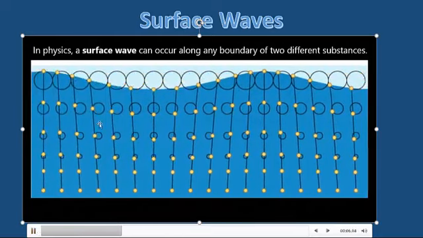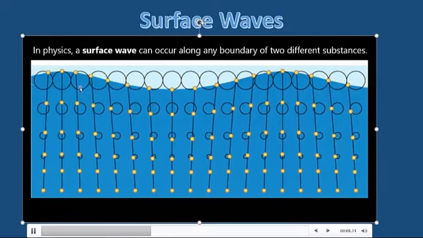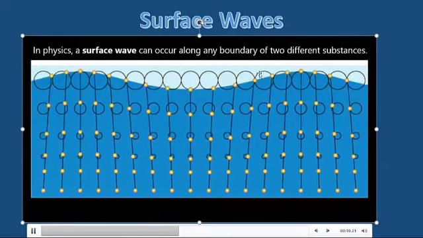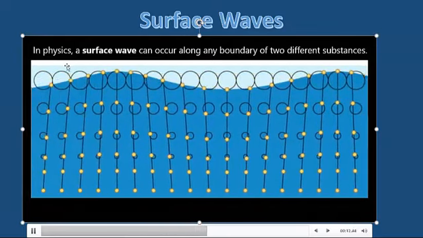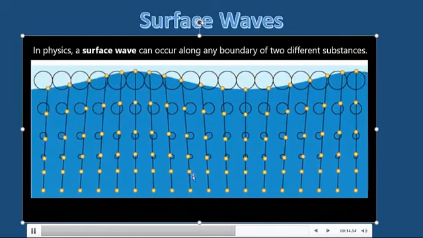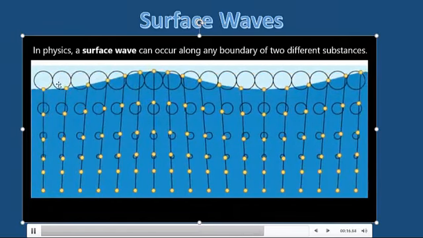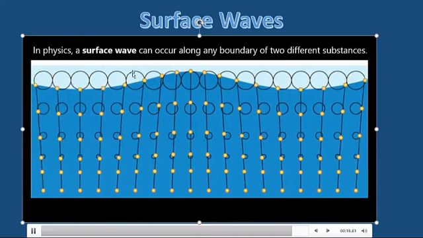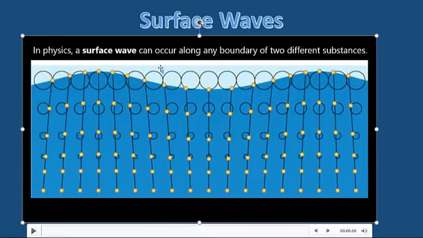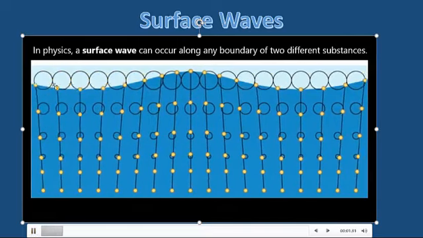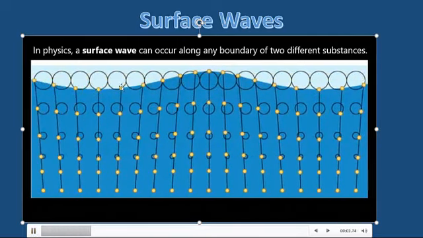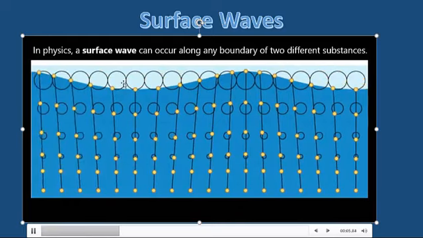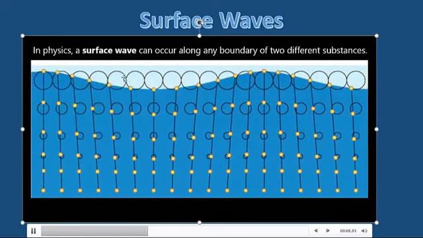What you're seeing here is the interface between the air, which is up here, and the water, which is down here. When the wind blows, and I'm assuming the wind is blowing from left to right in this animation, it causes the water molecules to circulate in circular motion.